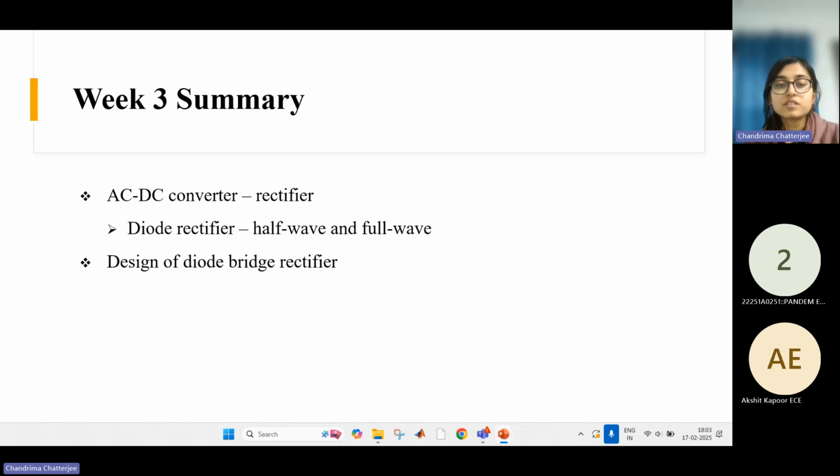Today we will only study the diode based rectifiers, and we shall study how to design a diode bridge rectifier. Numericals related to the design and related to the rectifier circuit.